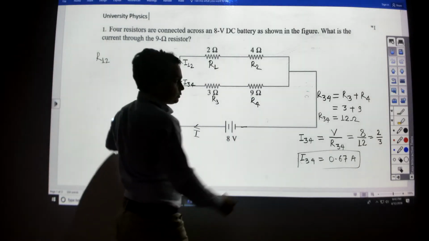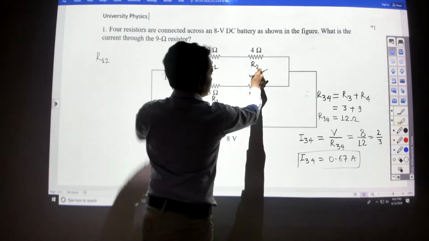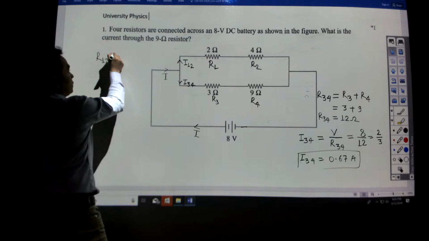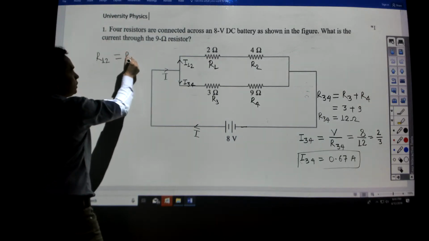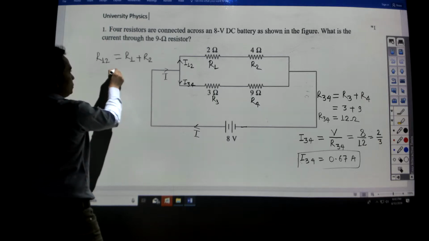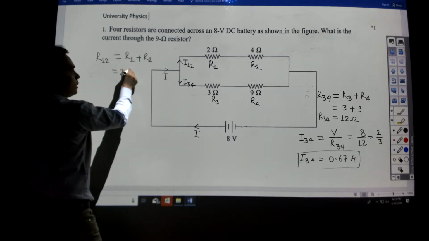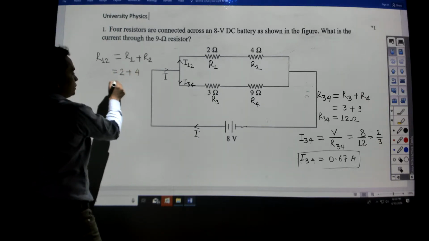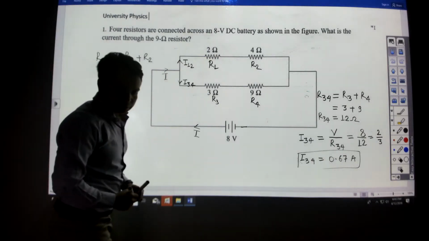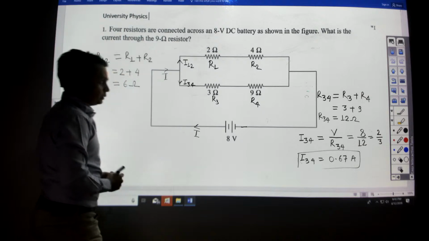The effective resistance of the 1 and 2 resistors, and these two are connected in series. So this is R1 plus R2. R1 is 2 ohm and R2 is 4. So this is given by 6 ohm. That's the effective resistance of R1 and R2.